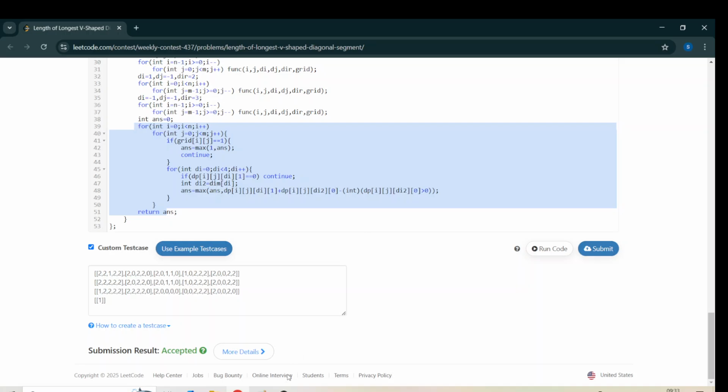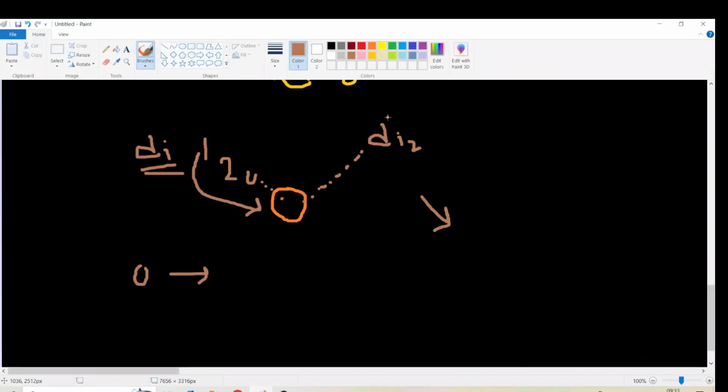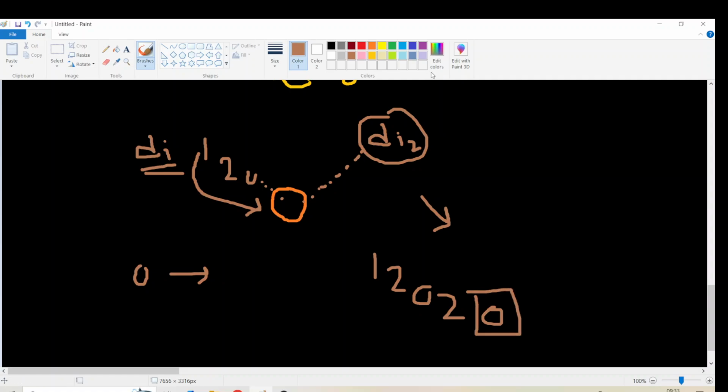Another important case here is that we could have two types of subsequence for di2 with subsequence 0: one like 1 2 0 2 0, where this is our pivot element, and another type like 1 2 0 2 0 and 2 0.